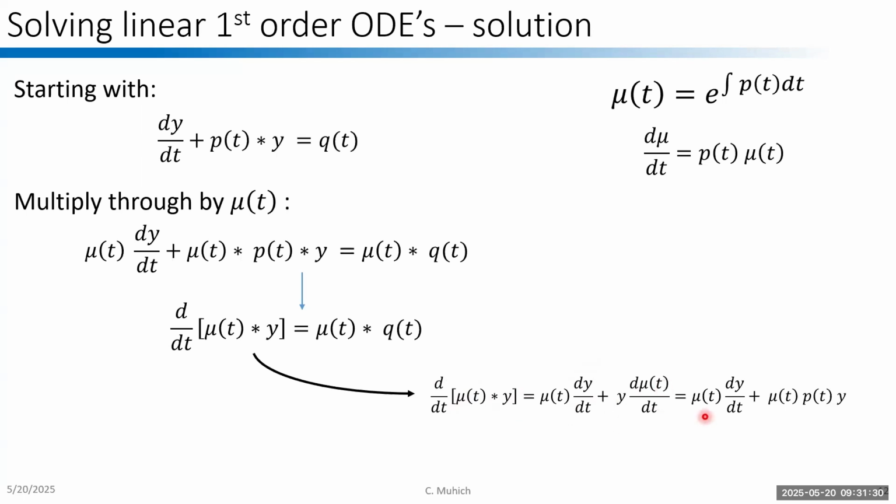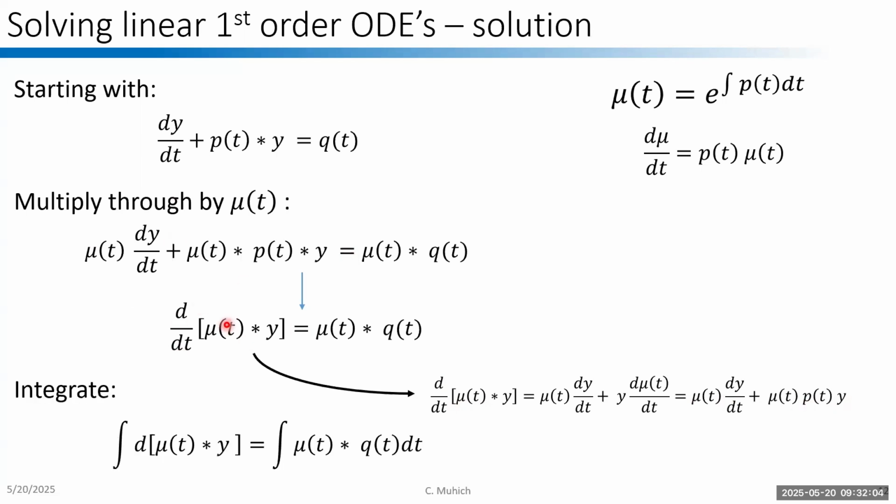When I substitute in what d mu dt is, which is p of t times mu of t, that term is equal to mu of t, p of t, y of t. So in total, the derivative with respect to time of mu of t times y is mu of t dy dt plus mu of t p of t y. That whole piece collapses down.